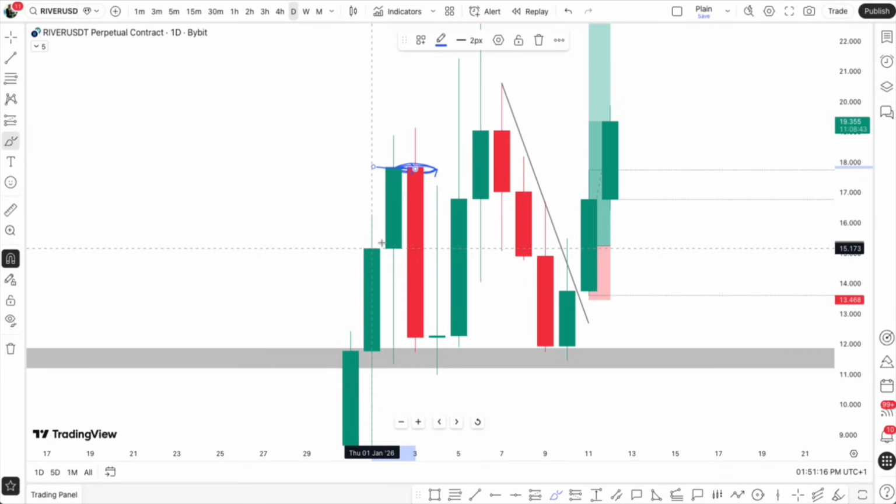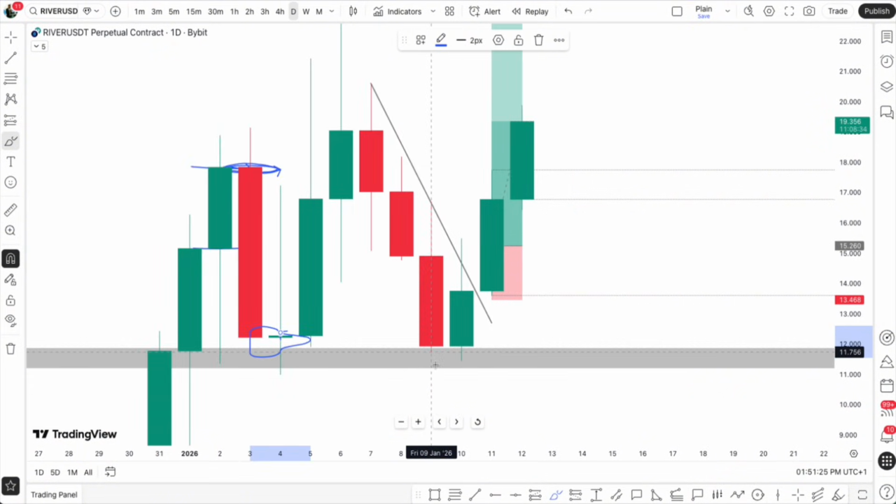We came and closed below the body. So for me, I would have wanted that continuation, the market to keep dropping. But what happened? The following day, the market refused to close below the previous day's candle. We only had a wick that went down to clear liquidity, but it did not close below this, and then it closed with this tiny body.